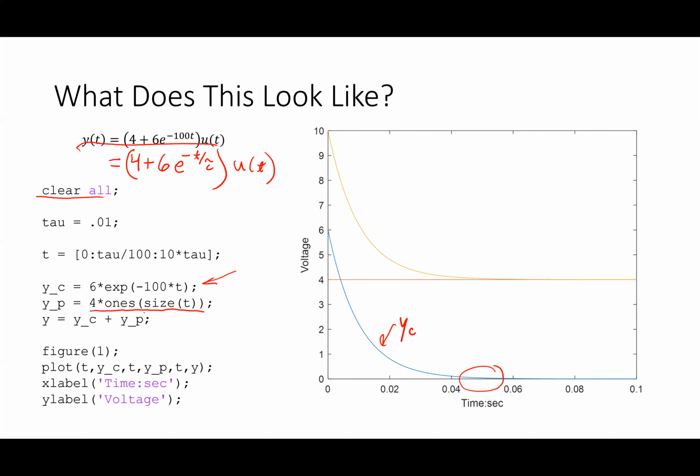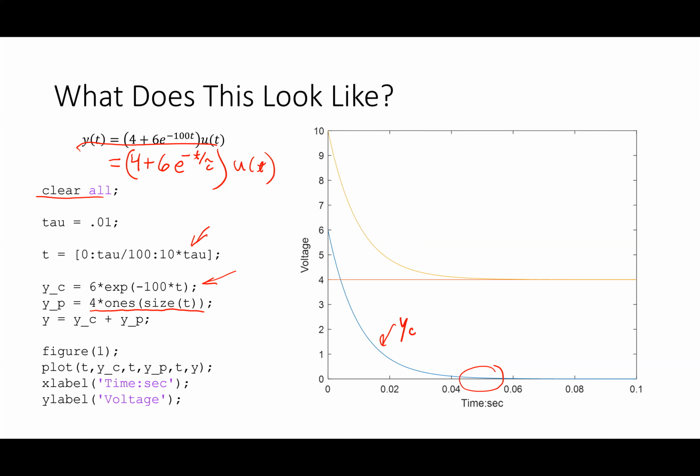And so what I did was, and I've talked about this guy before, size t, what that does is it tells me the dimensions of the time vector. So it tells me how many rows and how many columns it has. So let me ask you guys this, how many rows does this vector here have? How many rows? 1. All right. Trick question, right? It's just 1 row.